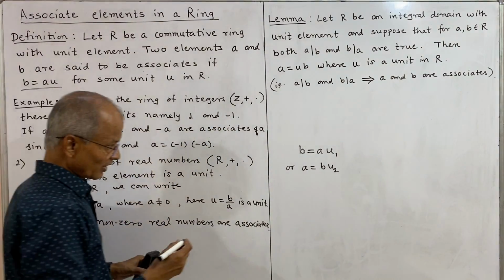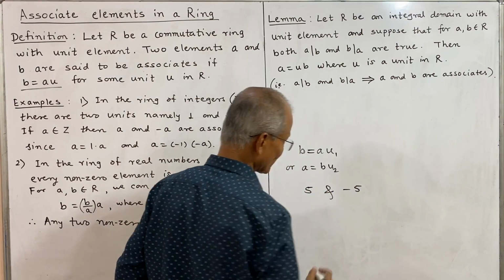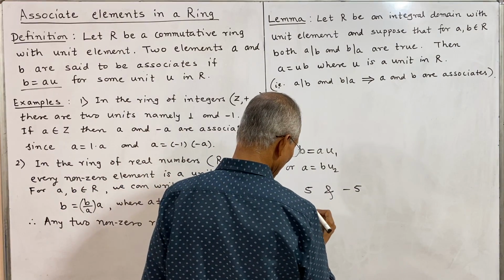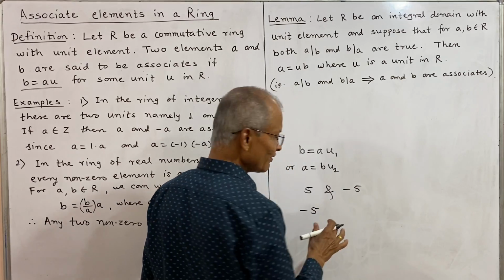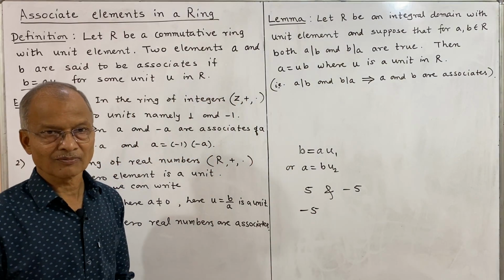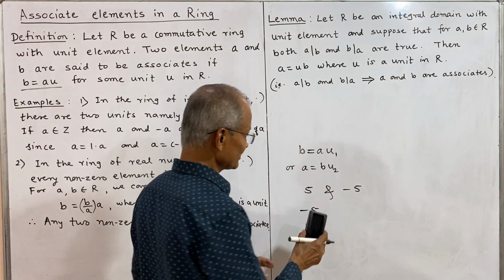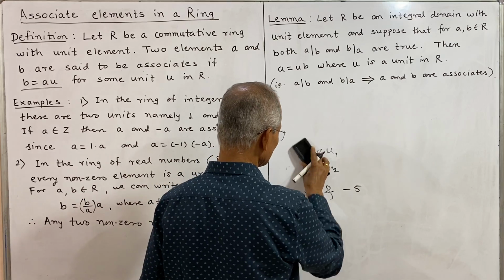For example, 5 and negative 5 are associates, or minus 5 and 5 are associates. Every element is an associate of itself because it is written as 1 into that element, and thus additive inverses are associates in the ring of integers.